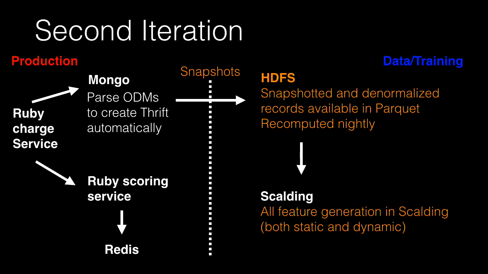There was a DAG for the dependencies. And in the end, this pipeline of scalding jobs spit out Parquet somewhere that had all of our features for training. And that was an improvement. But everything else about the system remained the same in this iteration. We still were serializing models to our custom format, copying them over to the Ruby scoring service. And most importantly, the Ruby scoring service was still replicating the logic in Ruby to compute all of these features.